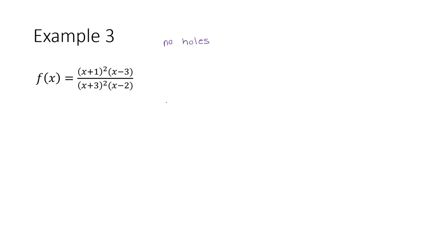So that means we can go ahead and look for vertical asymptotes by setting the denominator equal to 0. If our factors are equal to 0, we separate and solve. So either (x plus 3) squared equals 0, or x minus 2 equals 0.